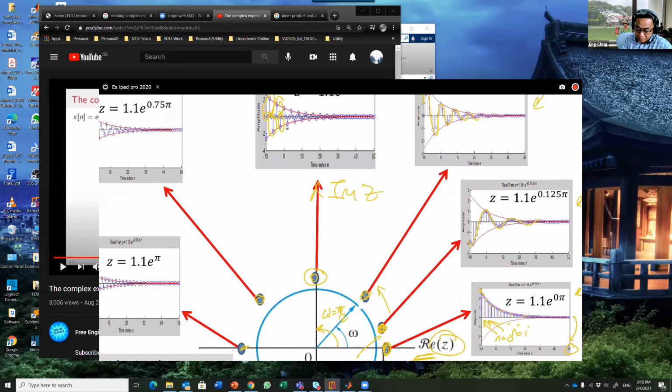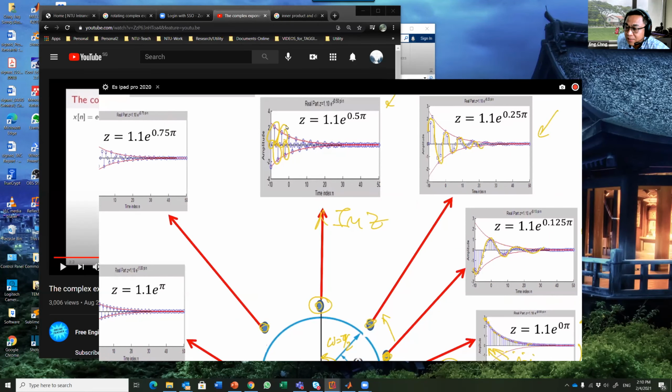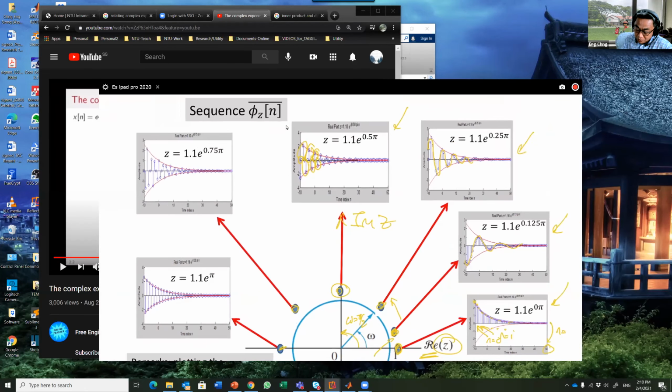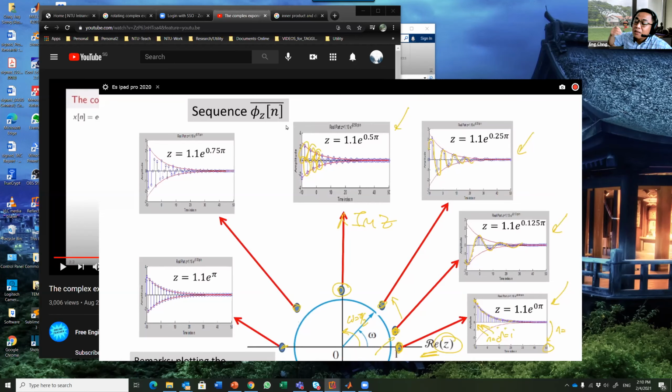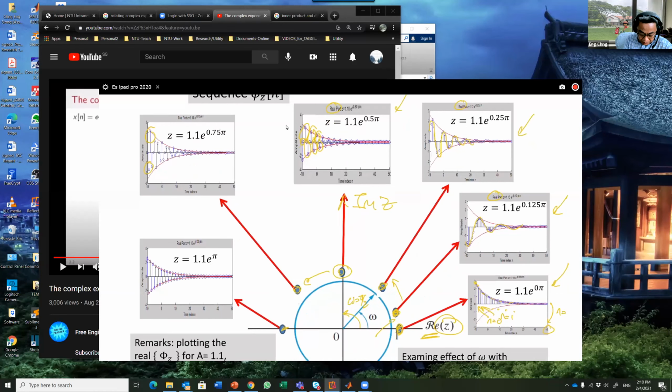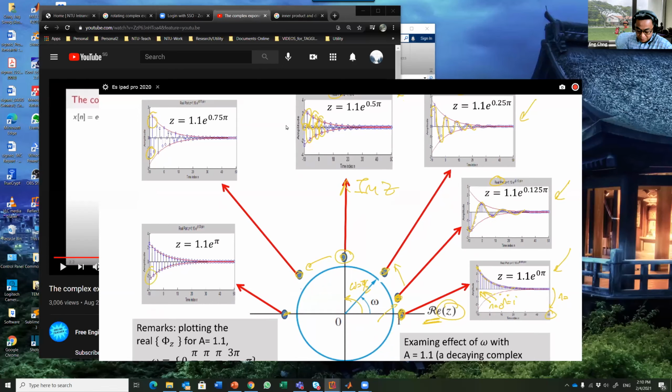Every step I will make 90 degrees in a cosine or sine. So omega shows you the speed of the complex exponential, and here I'm just showing you the real part. Okay? And as I spin even faster, and I spin even faster, and so on. All right. So this is the interpretation of z going from omega equals 0 to pi.